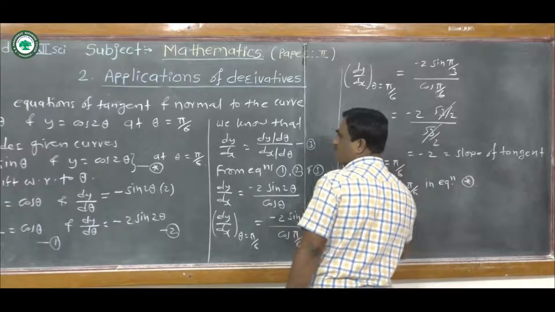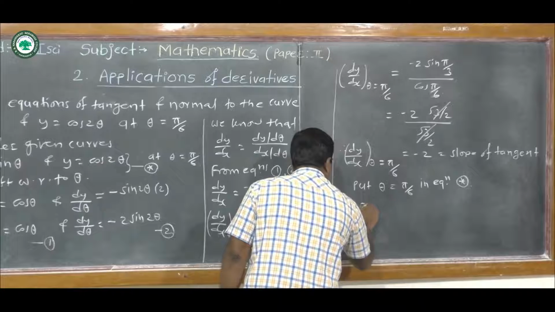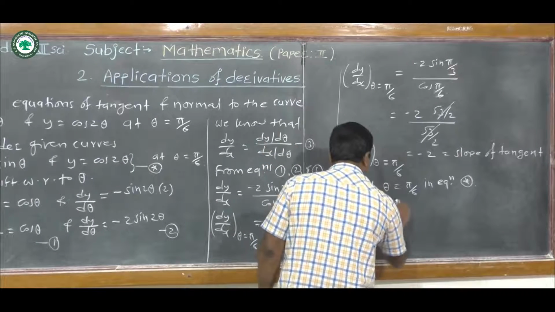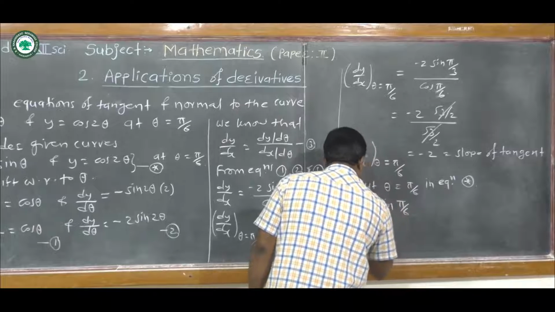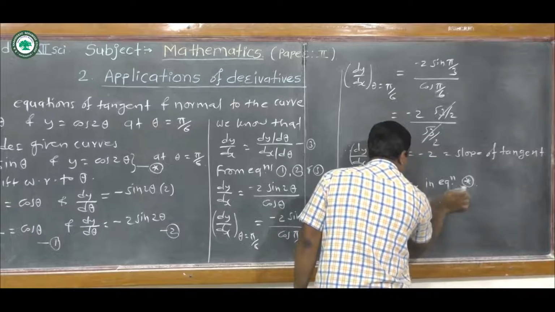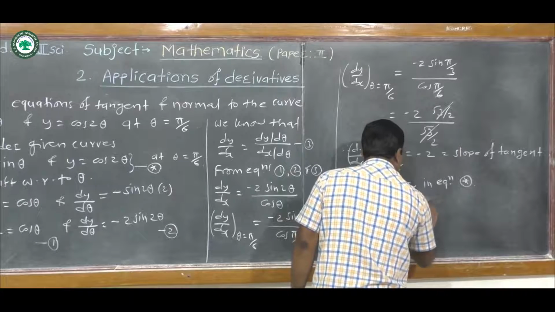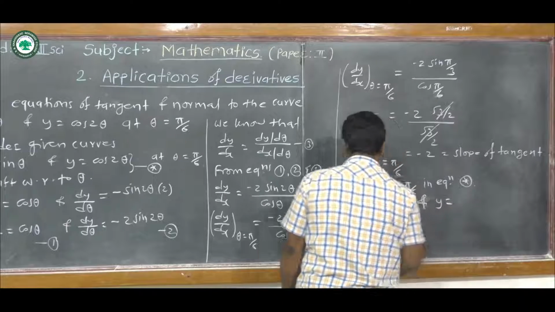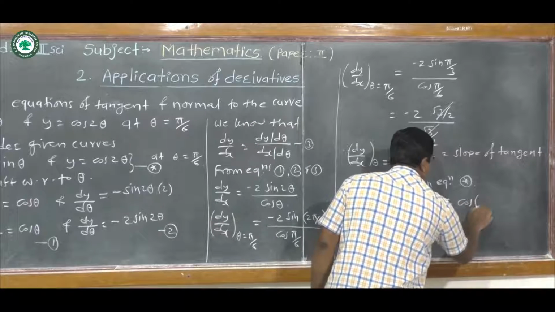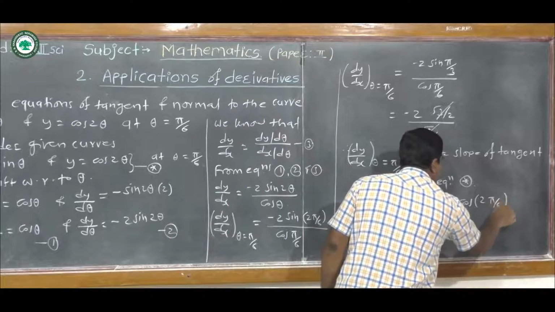Therefore we can write x equal to sine pi by 6 and y is equal to cos 2 theta, means cos of 2 into pi by 6.